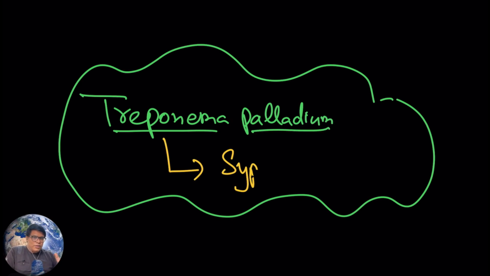So hopefully through this video you have learned clearly about the disease syphilis. Keep in mind the disease syphilis is caused by a bacteria, Treponema pallidum. And finally, I just want to remind you that syphilis is a sexually transmitted infection.